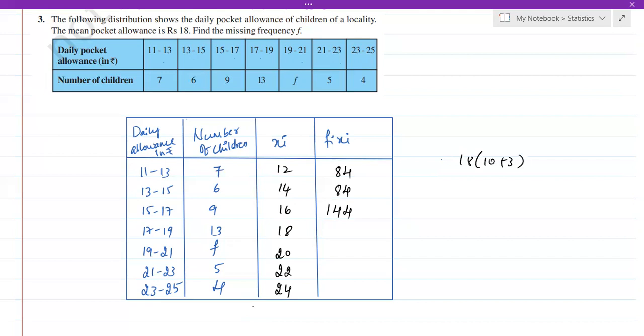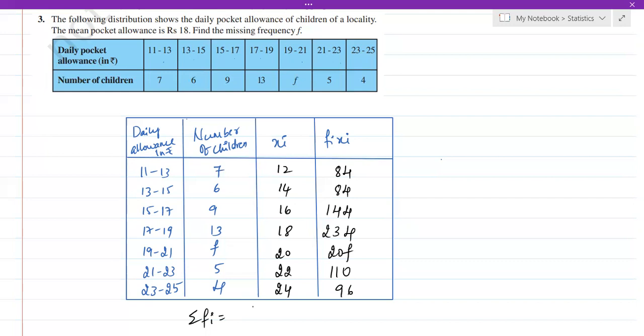You can split 13 as 10 plus 3. 18 into 10 is 180, 18 threes are 54. If you add it, 180 plus 54 is 234. Now you can multiply and check it out. 18 into 13 is 234. f into 20 is 20f. 22 into 5 is 110. 24 into 4 is 96.